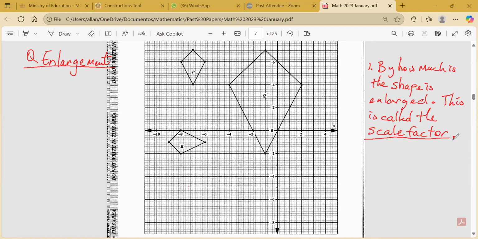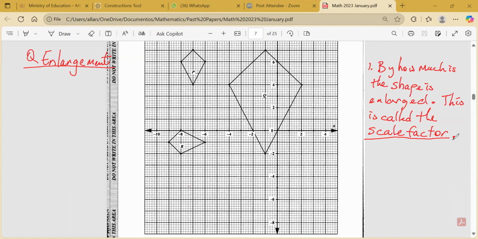Now, it could either get big or get small. If it got big, then it's like 2 times or 3 times the amount. If it got small, then you have a negative value, or it can be a fraction of the other one. Okay, good. So we need to know the scale factor.